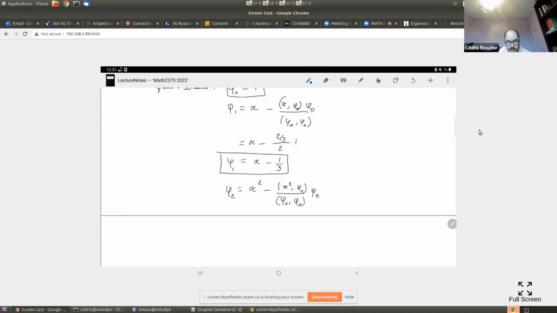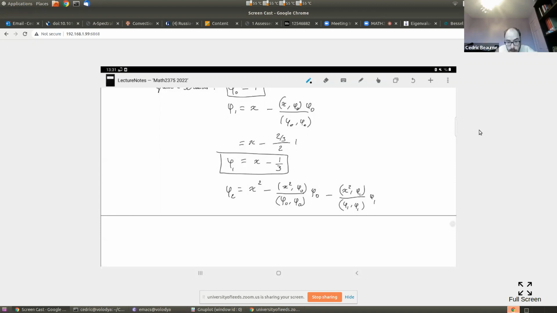That guarantees that the function we're creating here is going to be orthogonal to phi 0. But what about phi 1? We need to do the same thing. So we're going to be doing minus the inner product of x squared and phi 1, divided by the inner product of phi 1 with phi 1, times phi 1. Okay?